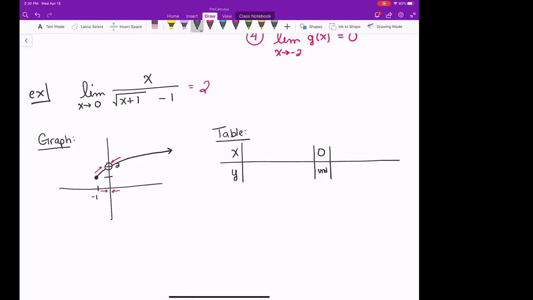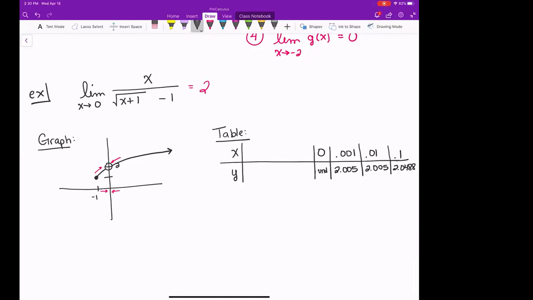But if I got close to 0 from the right-hand side, 0.001, which was really close, was 2.0005. 0.01 was 2.005. 0.1 was 2.0488. That's enough that I can see that one.